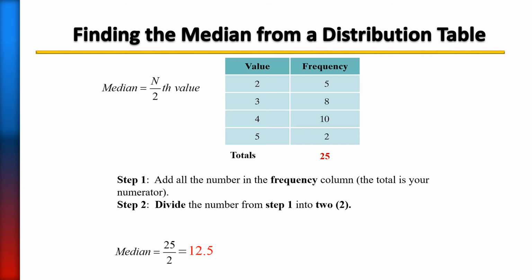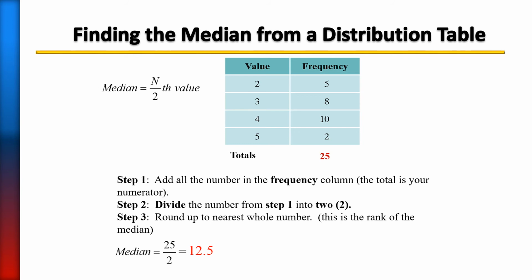If you get a decimal, what you need to do is round up to the nearest whole number. In that case, the nearest whole number would be 13. So that tells me that my median in terms of position ranks as the 13th number.